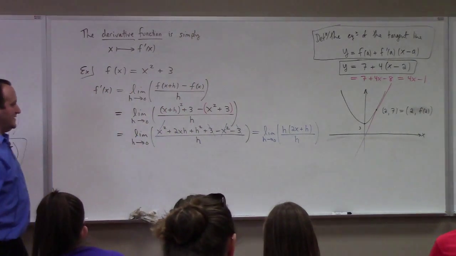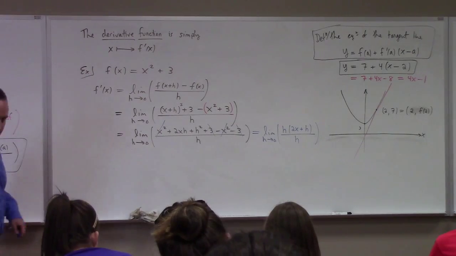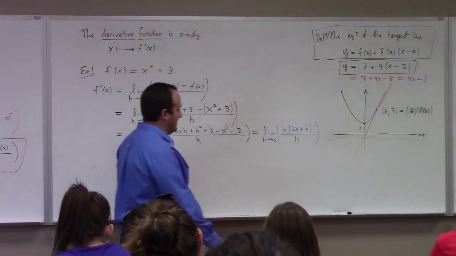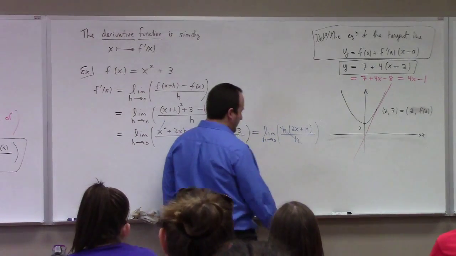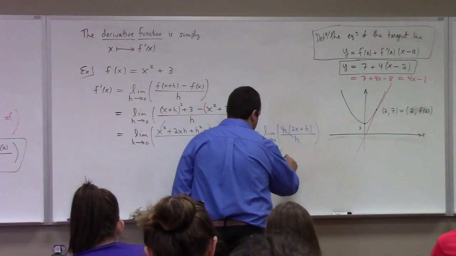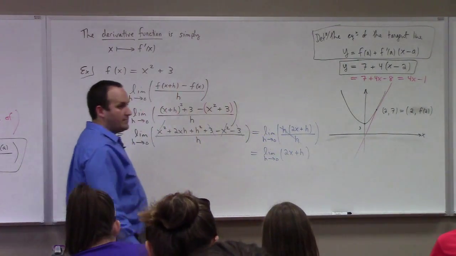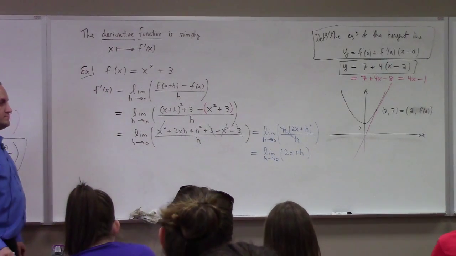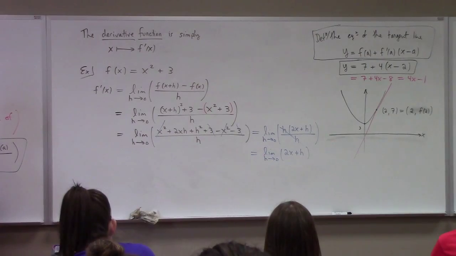Well, isn't that convenient? The h's cancel again. This happens in every one of these problems once you do the algebra right. There should always be this kind of h cancellation at some point. And what are we left with? We're left with the limit as h goes to 0 of 2x plus h, which is what? 2x.